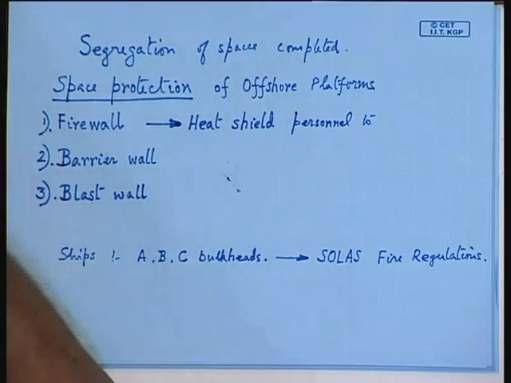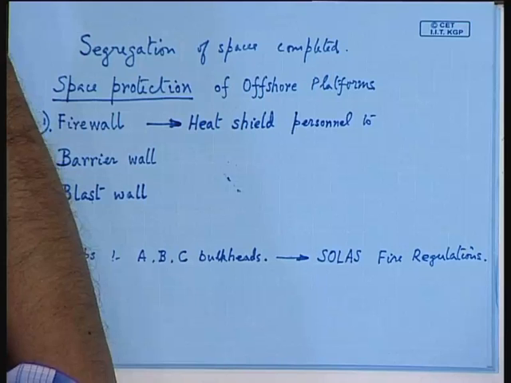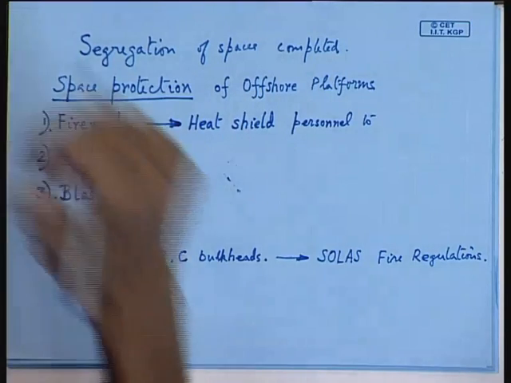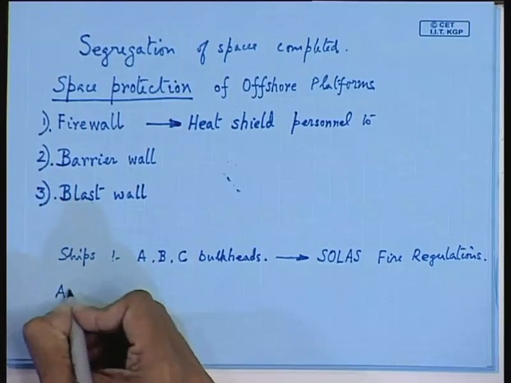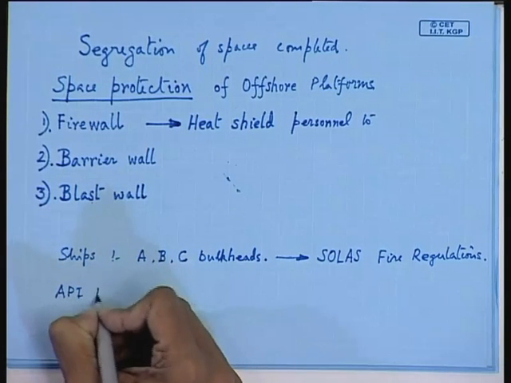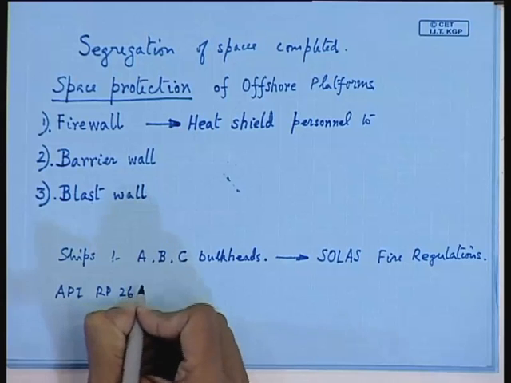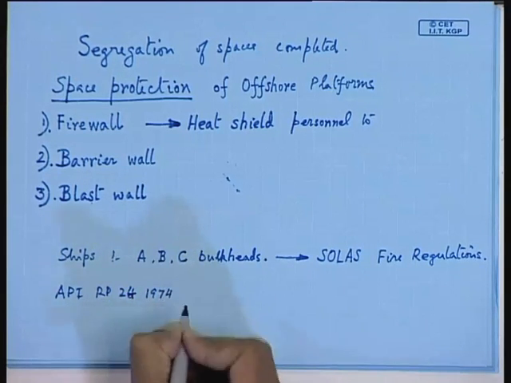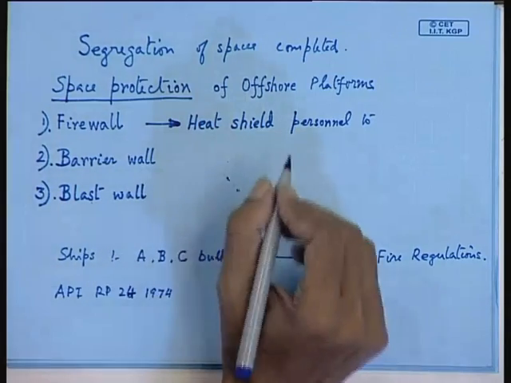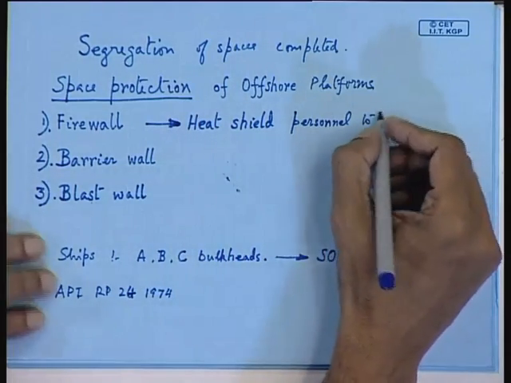The code number is not given, I think it is API RP 2G, the American Petroleum Institute report 2G, 1974, which gives all these regulations in detail. Now, personnel to escape.